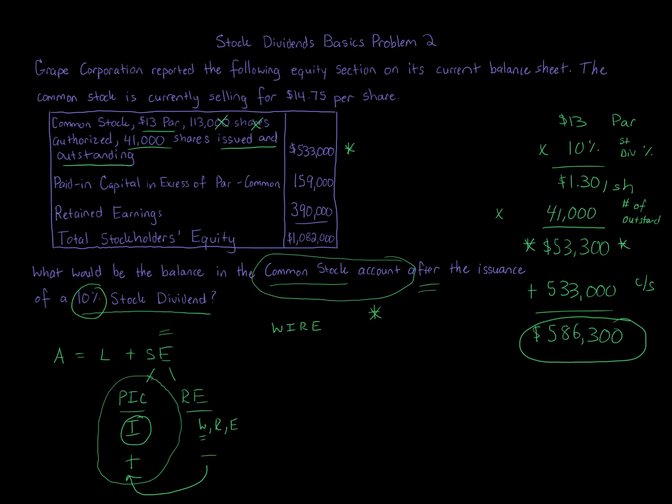You're not passing cash or anything. You're moving the amount from retained earnings to paid in capital, and that's why it equals at the end. So that's how we calculate the total after. Again, we're adding this $53,300 for the new common stock onto the old common stock balance, and we get $586,300, and we are done with the problem.